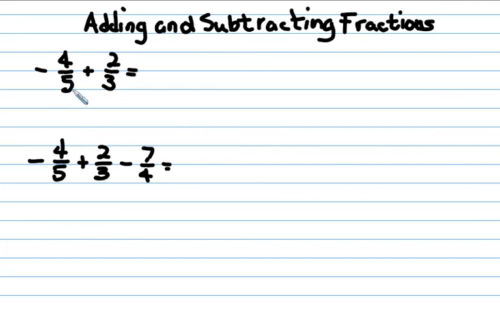This represents a unit divided into 5 pieces, and I have negative 4 of them. So we have to realize that these fractions are divided into different units, and to be able to add and subtract the numerators on top, we have to get the units on the bottom to be identical. So this is where the idea of the number 1 comes in.